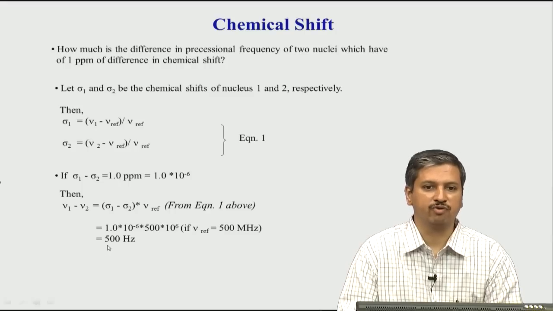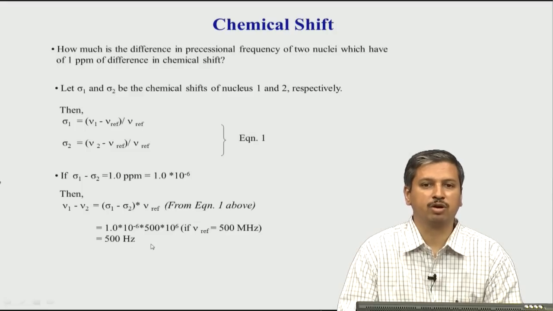However, the difference in hertz depends very much on the spectrometer. If I go to 700 megahertz, the separation is now equal to 700 hertz. If I go to 1 gigahertz, 1000 megahertz, then it will be 1000 hertz. So, the peak separation varies with the spectrometer when you calculate in hertz, but it does not change when you calculate in ppm.